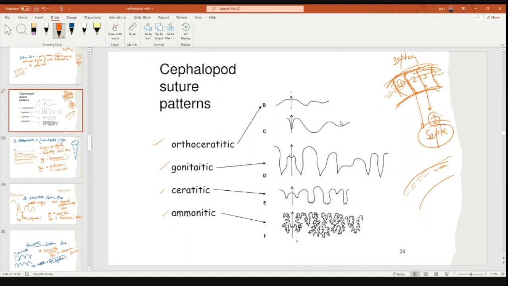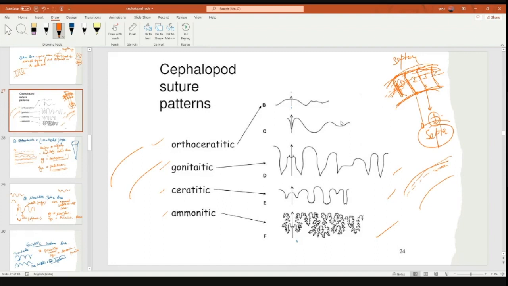When the septa touch the external shell, it is called the suture line. The irregular features we see on the external shell of the cephalopod are known as the suture line. It is generally formed due to the septum touching the external surface.